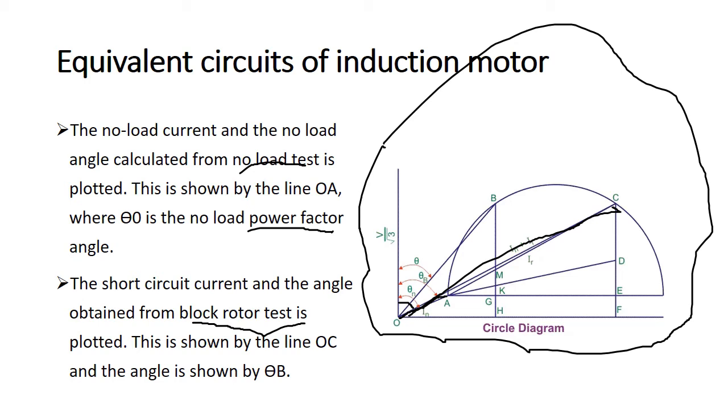The angle between the y-axis and B is now the short circuit angle, and it's always smaller than the no-load angle.